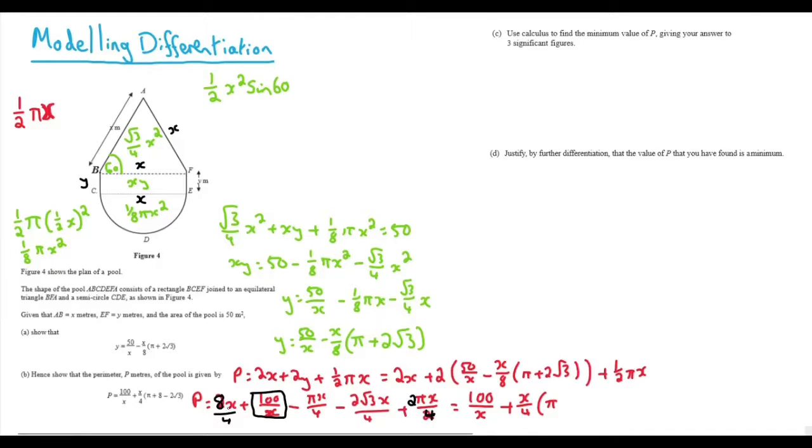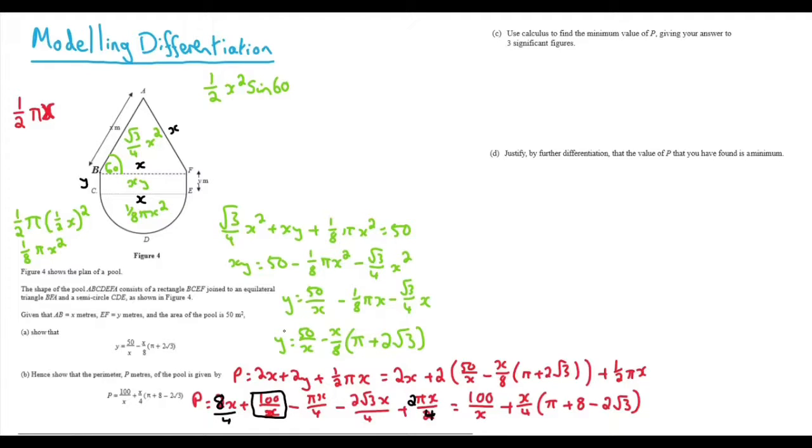From this middle term here, so it's again positive 8x over 4, take out the x over 4, that just leaves you with the positive 8. And then here, so we've got a minus 2 root 3x over 4, so take out the x over 4, you're left with minus 2 root 3, close the bracket, we had what we wanted to show.